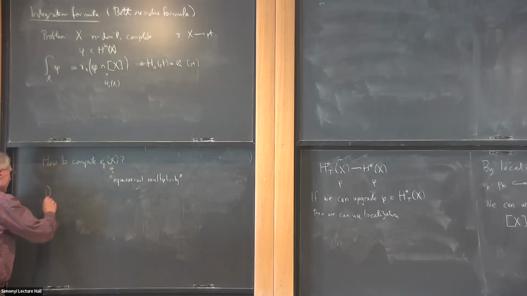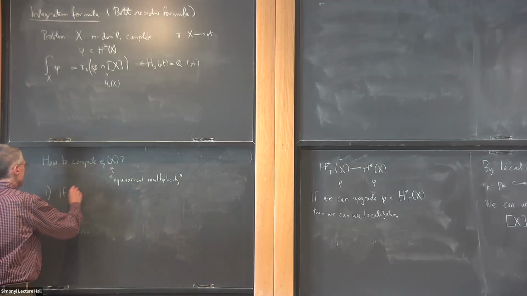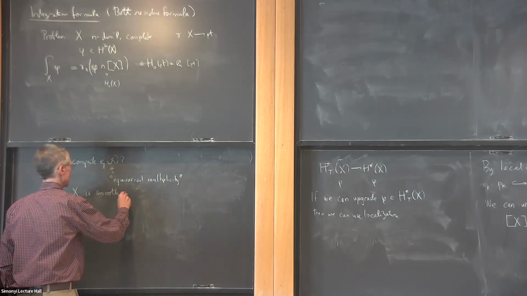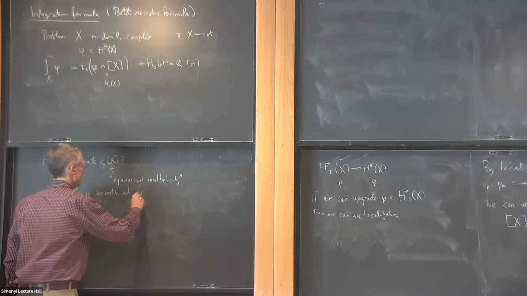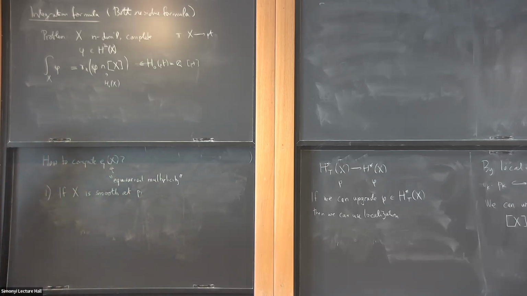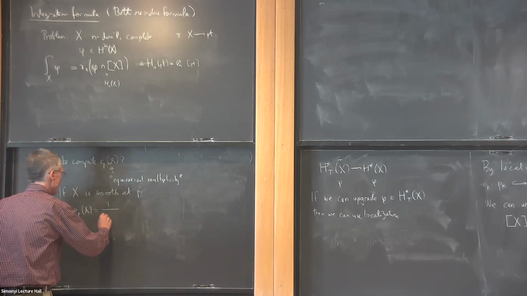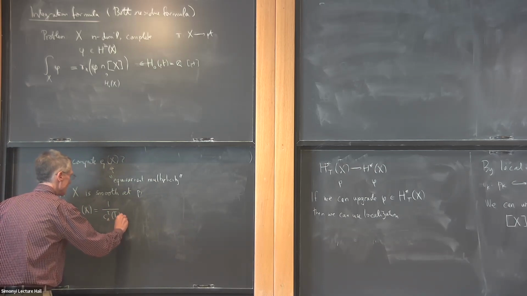So the first way to do this is if x is smooth at p. Based on everything we've done so far, you could probably guess what this has to be. Everything boils down to the self-intersection formula in this case. e_p of x is equal to 1 over the top Chern class of the tangent space at p of x.